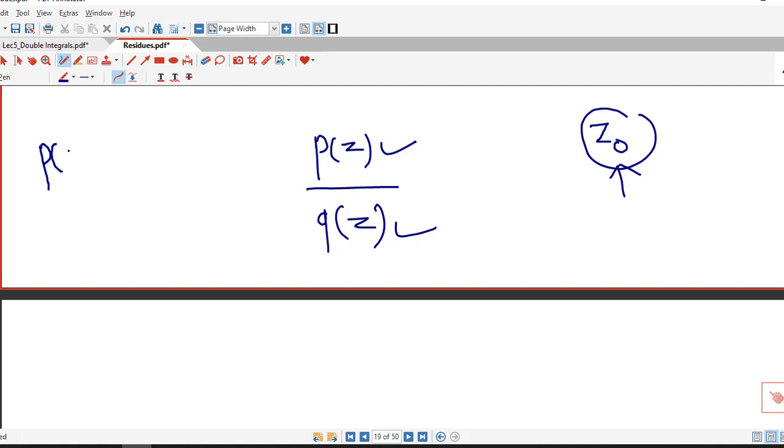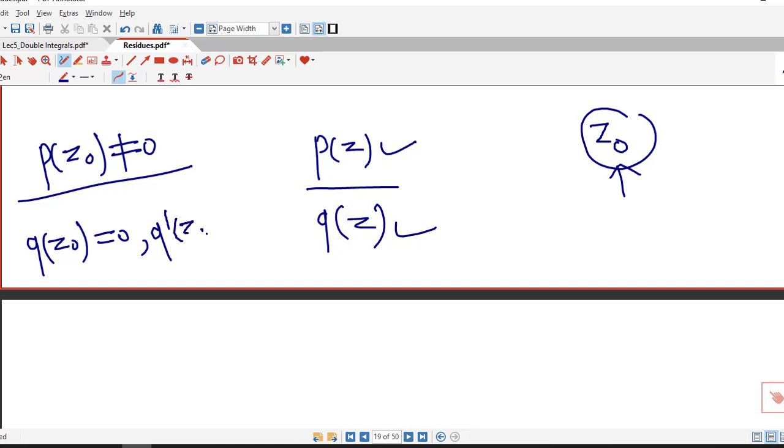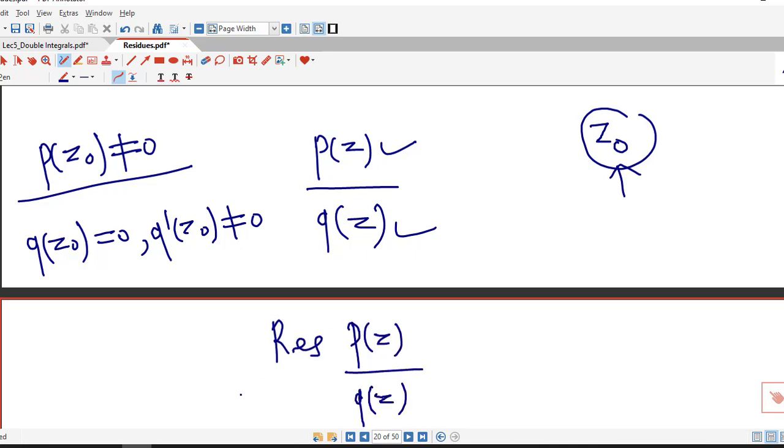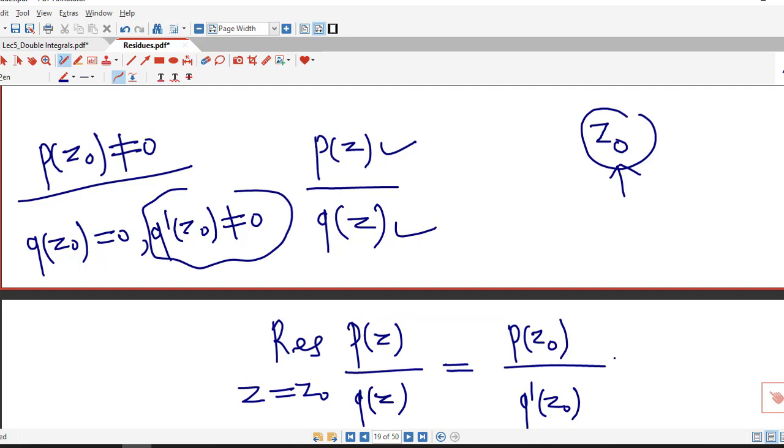The second condition is that the value of function p at z0 is non-zero, and z0 is a 0 of order 1 of function q, that is q of z0 is 0 and q dash z0 is non-zero. If these two conditions are satisfied, then the residue of p(z) over q(z) at z0 is given by the value of function p at z0 divided by the value of q dash at z0, which is non-zero.